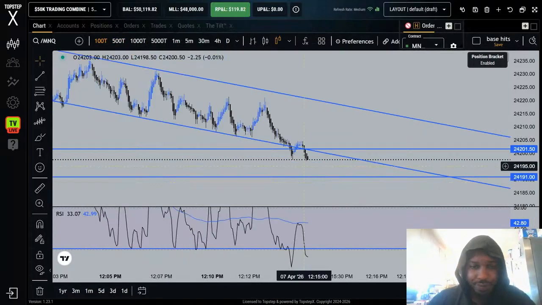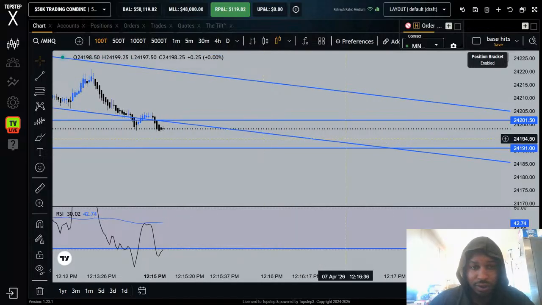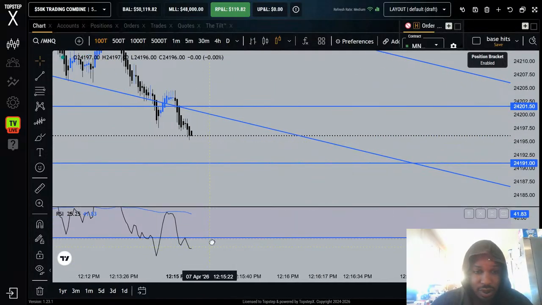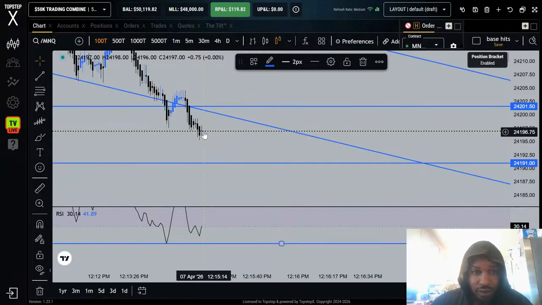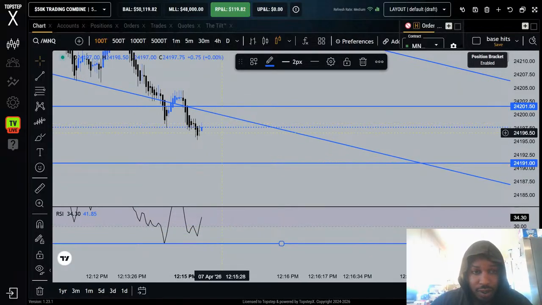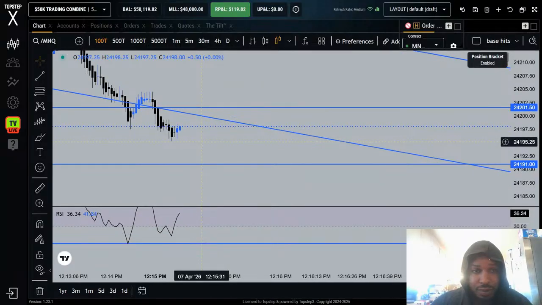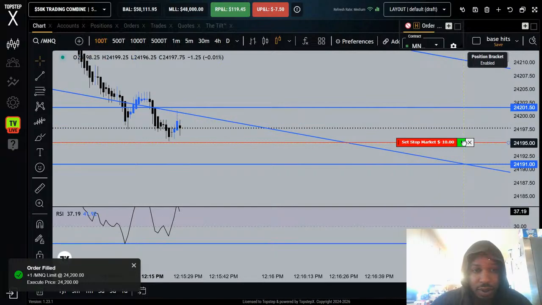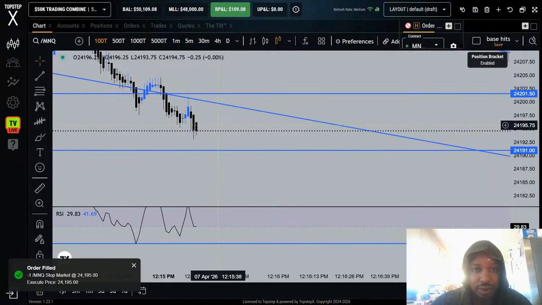This isn't done, and there's no divergence up until now. So now we are looking for a long. This is long right here. This is what we were waiting for. All right, we're standing to lose about $10 in this. All right, we lost $10 right there.